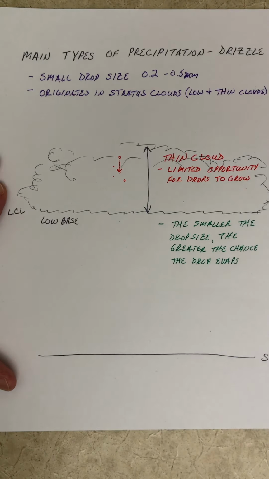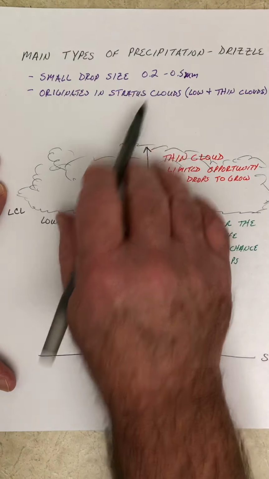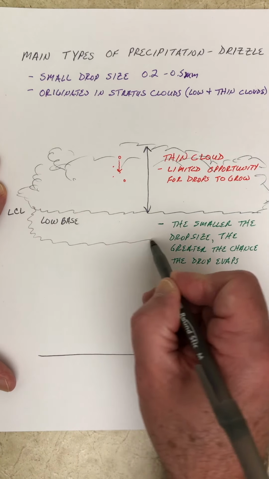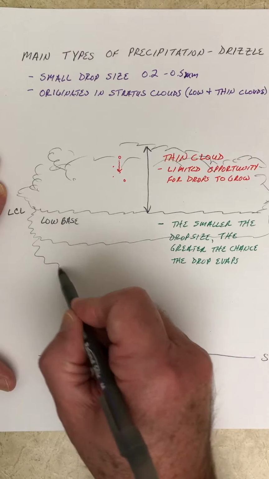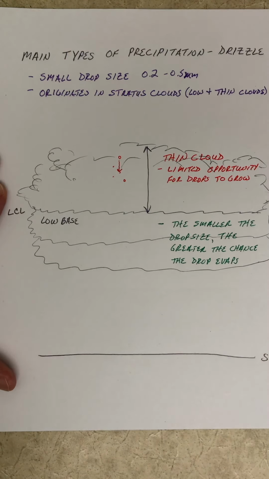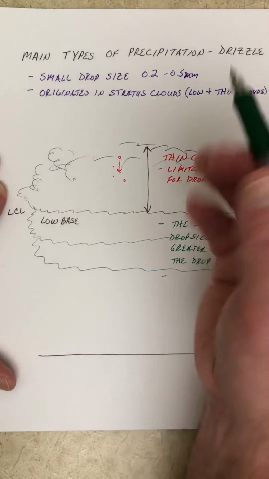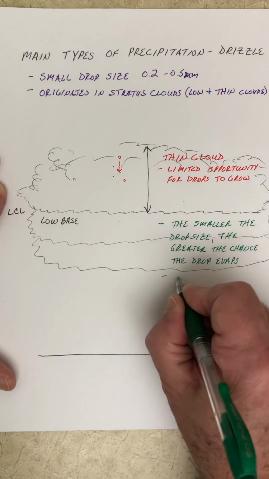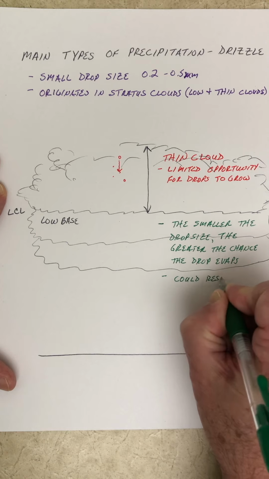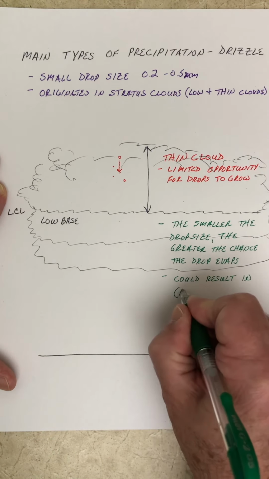And remember, if you're going to start evaporating small drizzle droplets, that's going to lower the cloud base and maybe lower the cloud base some more, and lower and lower, so that the possibility with very small drizzle droplets is that this could result in a fog developing.